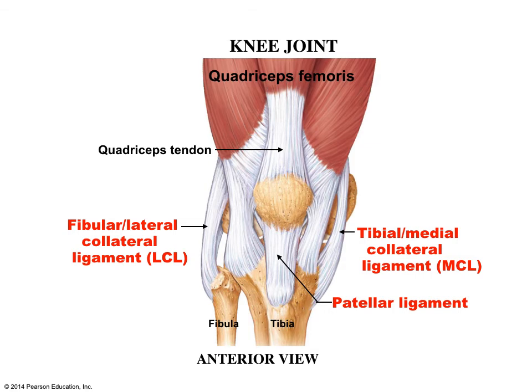On either side, you have a collateral ligament located medially, running from the tibia, would be the tibial or medial collateral ligament. On the lateral end, running from the fibula, would be the fibular or lateral collateral ligament.